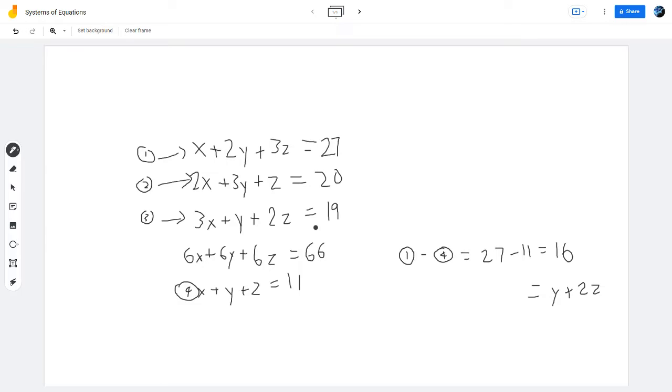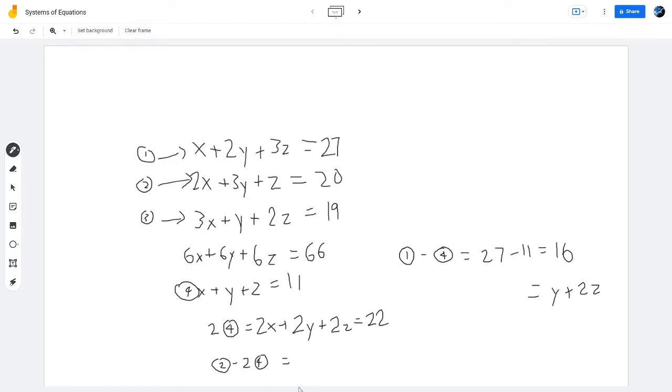Another thing we can do is simply multiply equation 4 by 2. That's going to net us 2x plus 2y plus 2z is equal to 22. And we can do equation 2 minus 2 times equation 4.